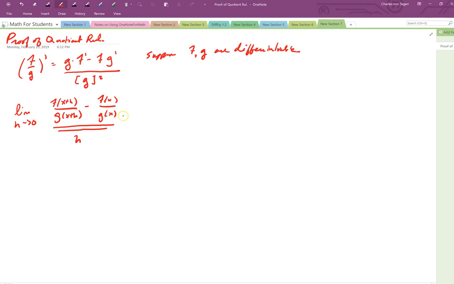As a trick we've seen before, I'd like to clear out the denominators by multiplying both the numerator and the denominator by g of x plus h times g of x. Right now we're operating on the assumption that these two aren't going to be 0 when we're finished evaluating the limit.